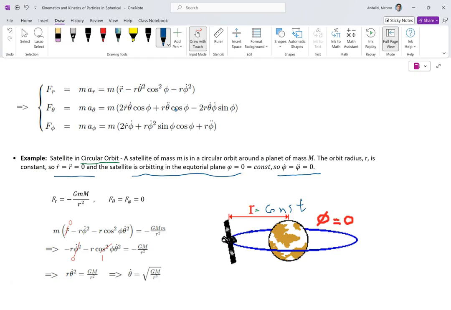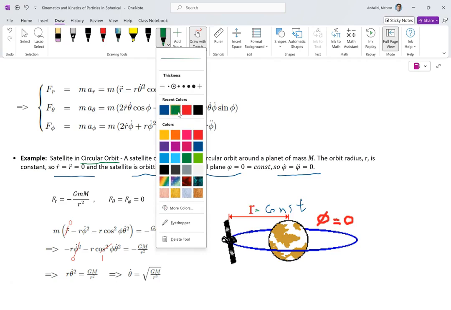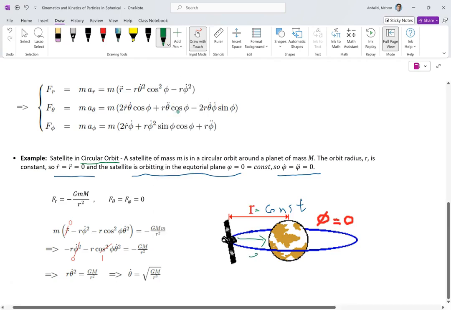That makes many of these terms of the accelerations, a_r, a theta, a phi, all go to 0. So here, if you draw the free body diagram, the only force acting on the satellite is toward the Earth. So that is only an F_r component, and that comes from the gravitational attraction, which is going to be G M m over r squared, where G is the universal gravitational constant, m is the mass of the satellite, and capital M is the mass of the Earth. r is the radial distance, and it's in the negative radial direction because radial direction is outward.